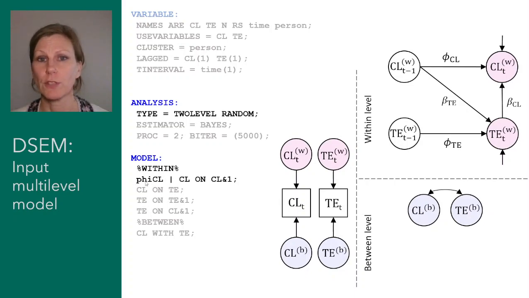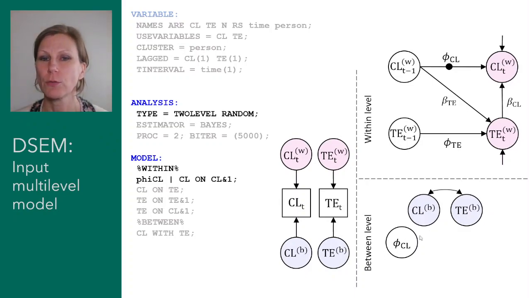So here I refer to it as phi CL. And when we look at the path diagram, what happens is that this parameter here becomes random, and that's then indicated by this black dot. So there's a different value for each person for this particular regression, this autoregressive parameter, this phi CL. That also means if we have a black circle at the within level, it means that this will be added as an open circle, or we refer to it as a latent variable, at the between level.